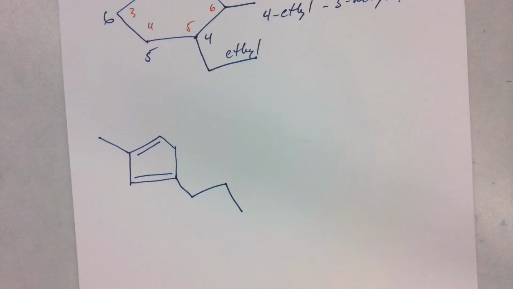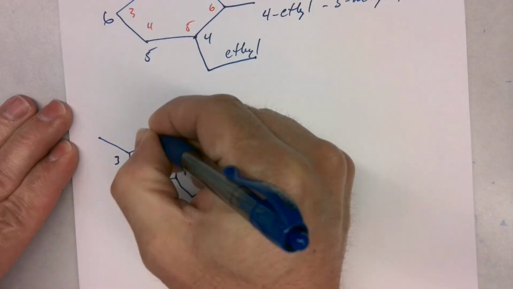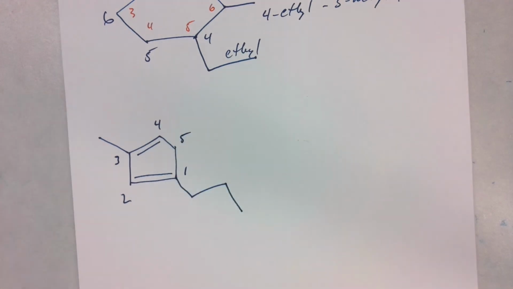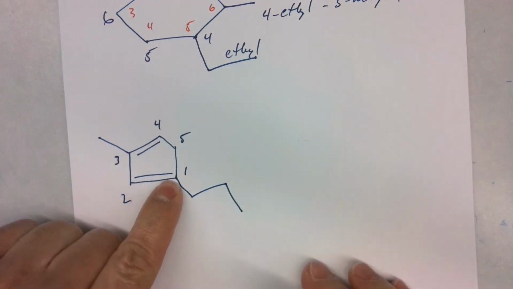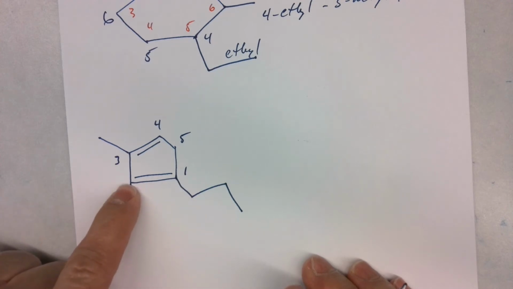Okay? Now, I've got to start at a double bond and a branch, and I always have to cross the double bond first, right? So knowing that, I would go 1, 2, 3, 4, 5 is one option. Started at my double bond and a branch, cross the double bond first, correct?